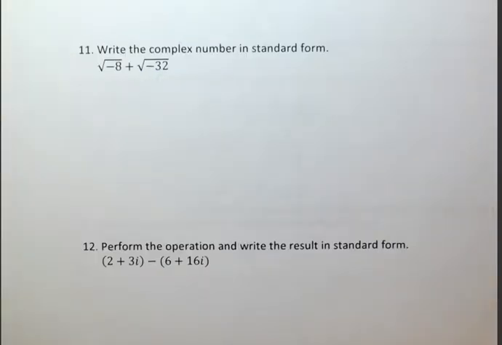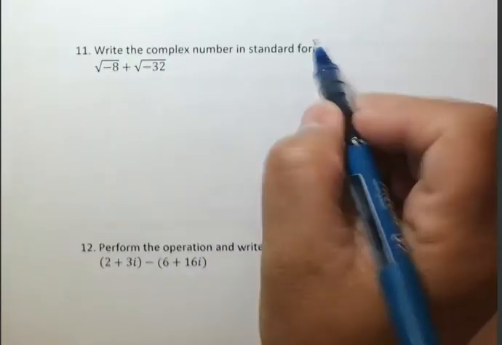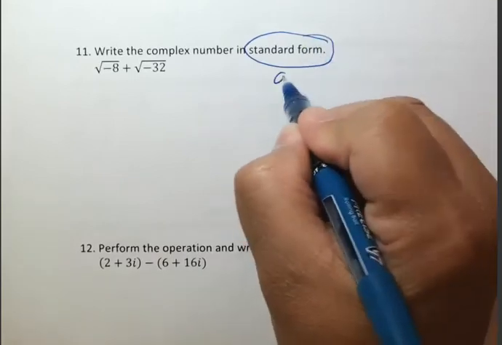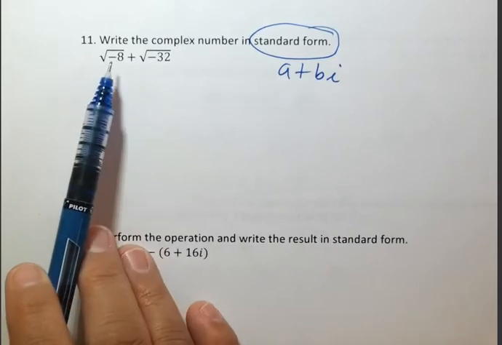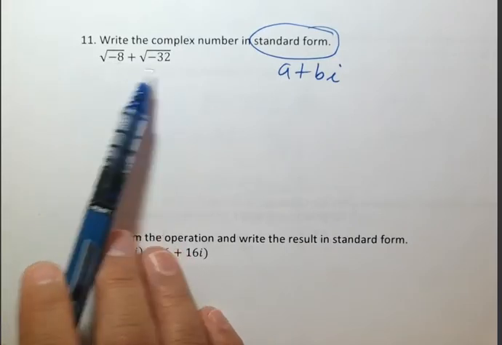Write the complex number in standard form. So the standard form of a complex number is a plus bi. Okay. So standard form means a plus bi. When you finish your work there, your answer should look like a plus bi. The first thing you want to notice here is you have negatives in the parentheses.